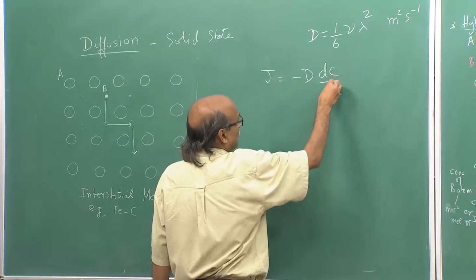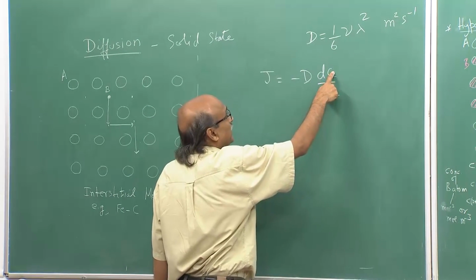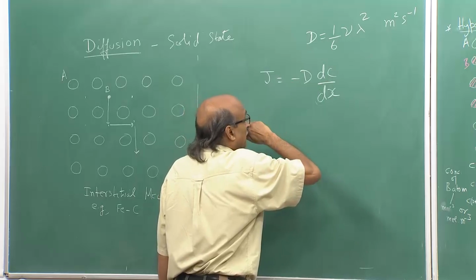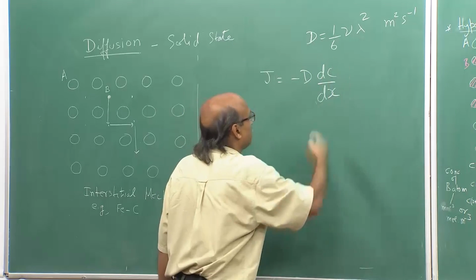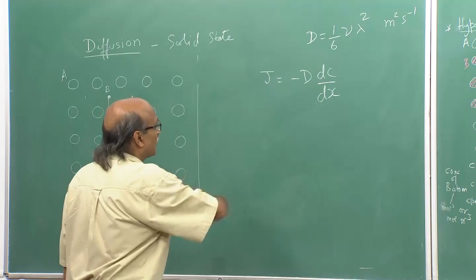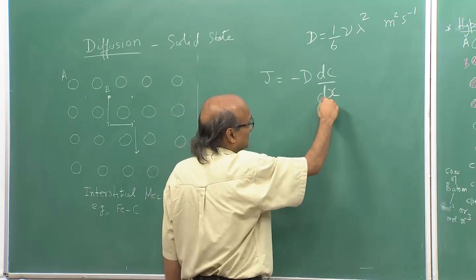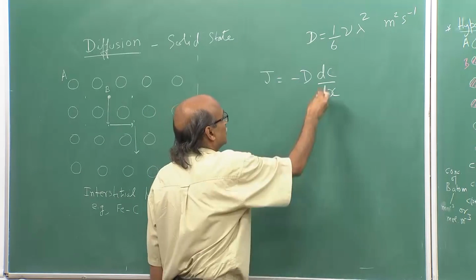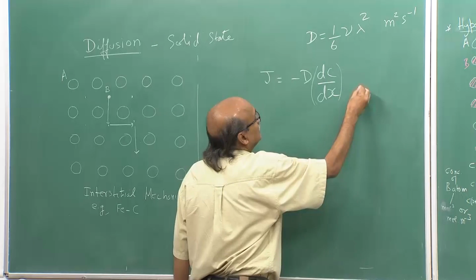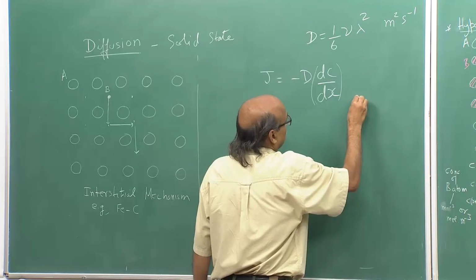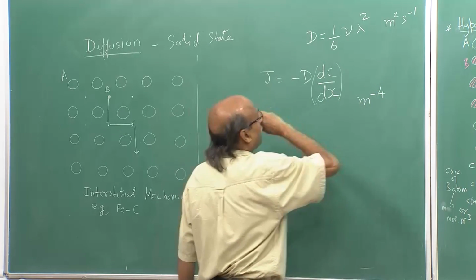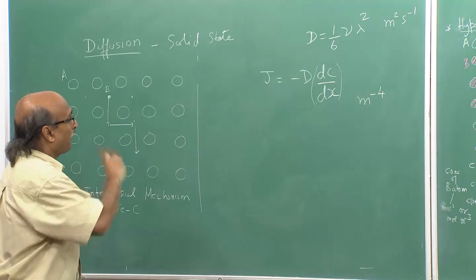If you look at the units of this, this is the number of atoms per unit volume, the number of atoms per meter cube, and this itself is meter. So, the units of dc by dx is meter to the power minus 4.